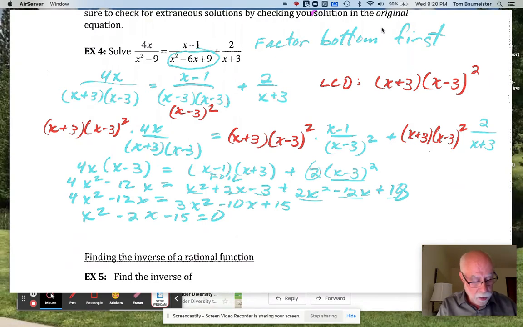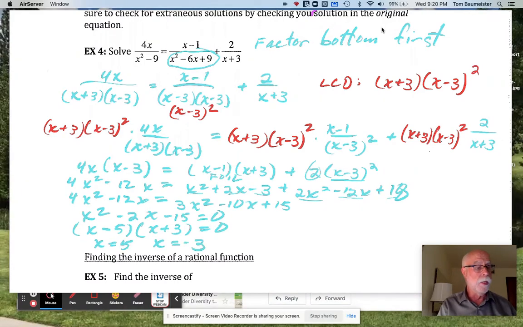If I do this, I'll have x minus 5 and x plus 3. Trust me, you'll see that'll work. So by the zero product property, x is equal to 5 or x is equal to negative 3. Okay? So again, check for extraneous solutions.